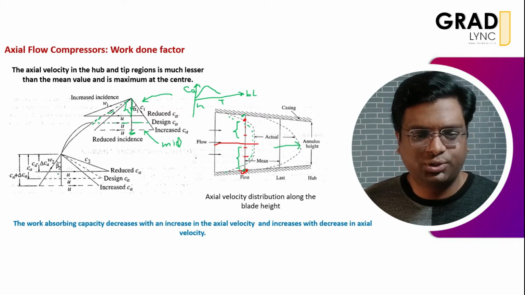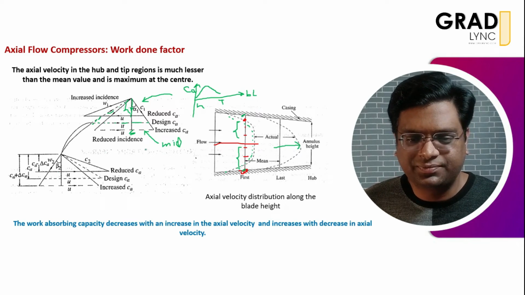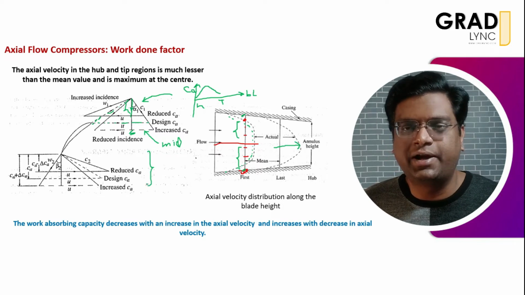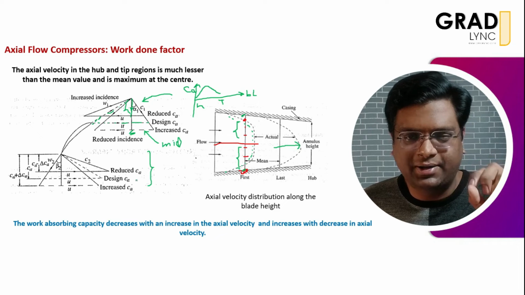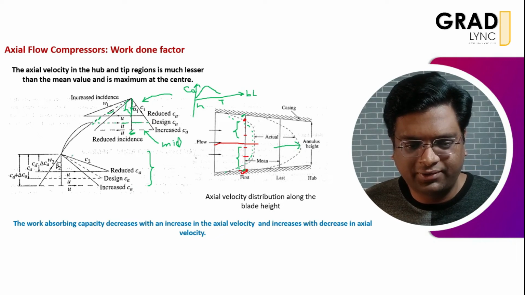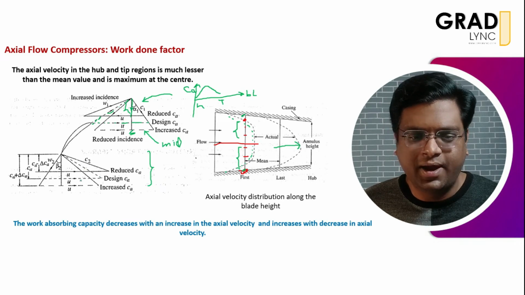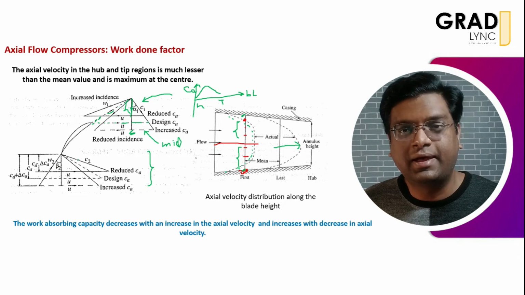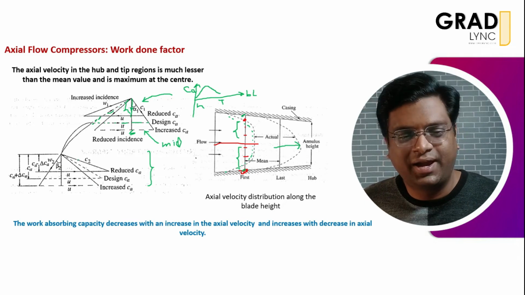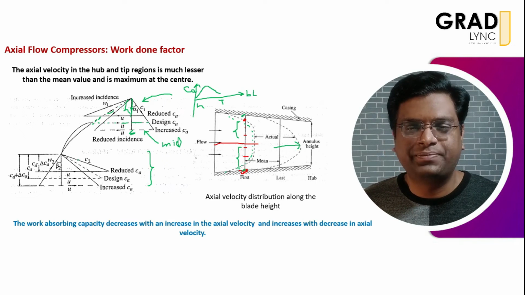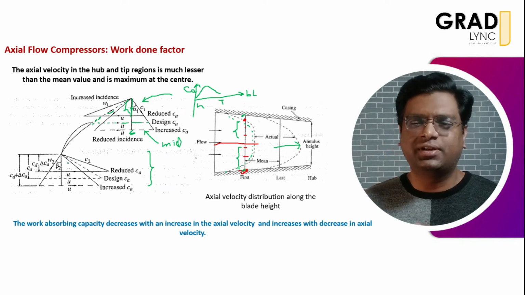Similarly, the same change you can observe at the trailing edge. Although the value of C1 is accelerated to C2, the pattern remains the same, right? Again, the dotted line represents the design value of Ca, the bigger triangle represents when the axial velocity is increased, and the smaller one represents when the axial velocity is less. It's a very interesting analysis.